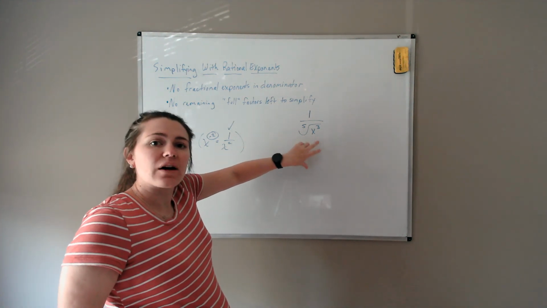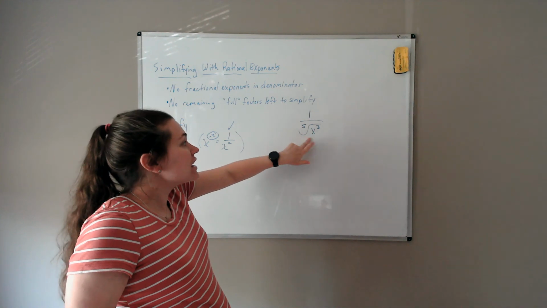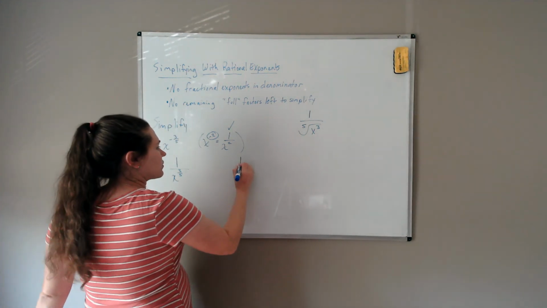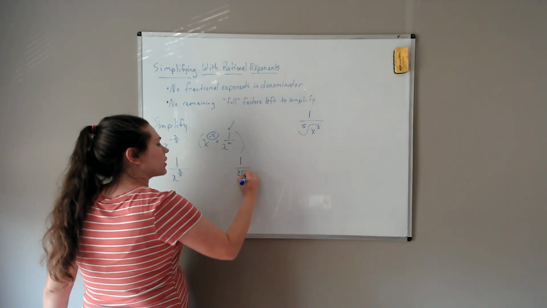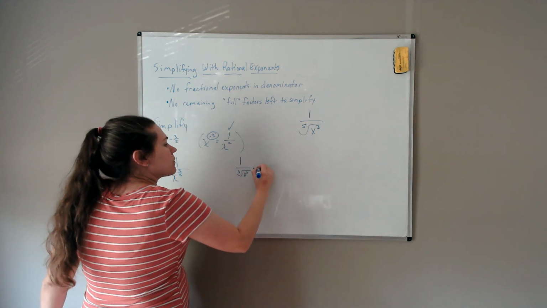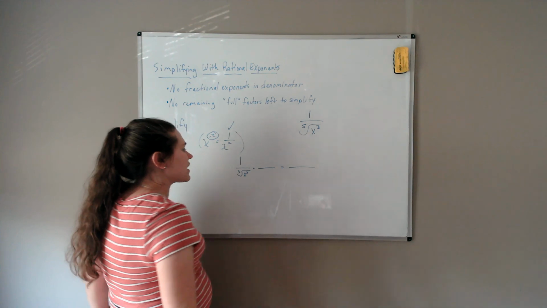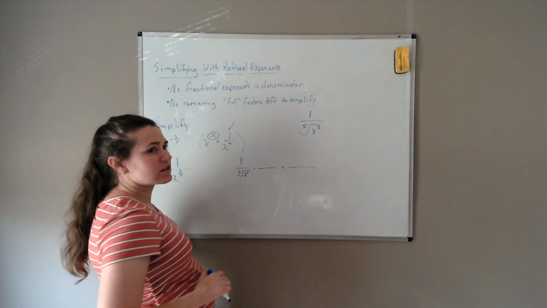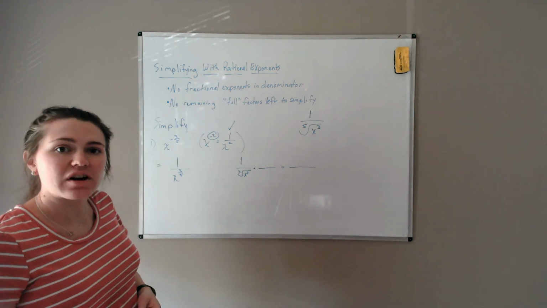And you're not allowed to leave a radical in the denominator of a fraction. So if we thought about this in the radical form, okay, we would be multiplying by a clever form of 1 so that the radical was no longer in the denominator and that we had a rational denominator.